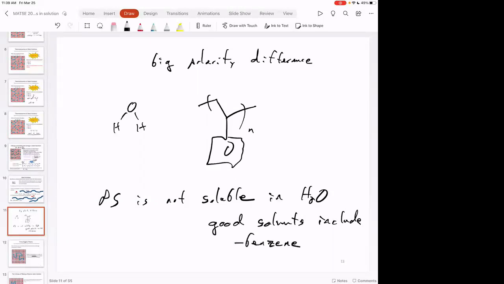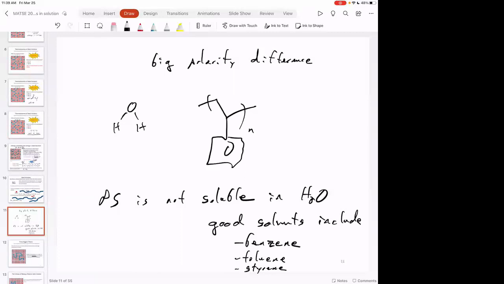What's another good solvent? Toluene, good one. Much less toxic than benzene. Any other good solvents? Naphthalene, yep, maybe the double ring structure. Another good solvent for polystyrene is the monomer.